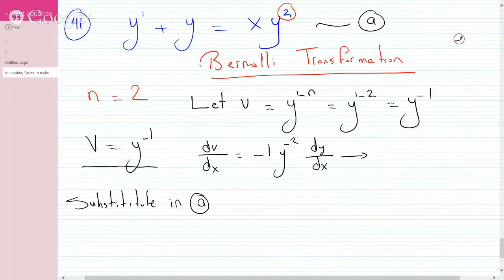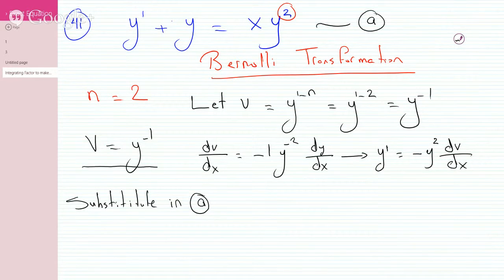So I can solve this for y prime, and I get my y prime to be, just divide both sides by minus 1 y to the minus 2. So you get y prime to be minus y to the 2 dv over dx. Do you agree to that? I just divided this on the right hand side. 1 over y to the negative 2 is the same thing as y to the 2. And there's a minus sign.